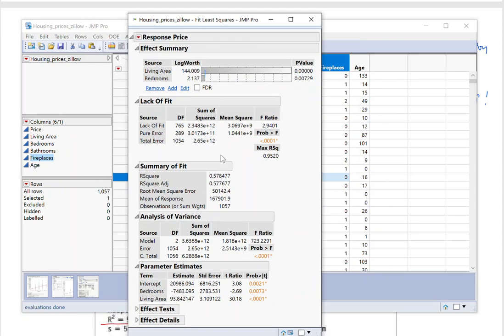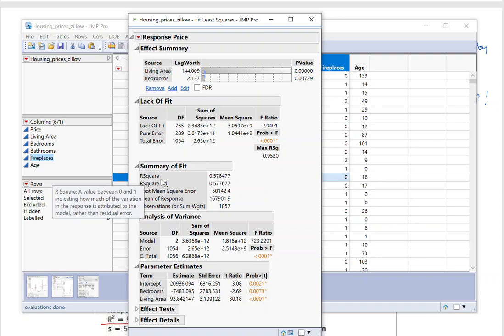For this regression, we still have three tables. We'll talk about these two things later in the data mining chapter. We still focus on these three tables, and the first thing it tells you is R square.